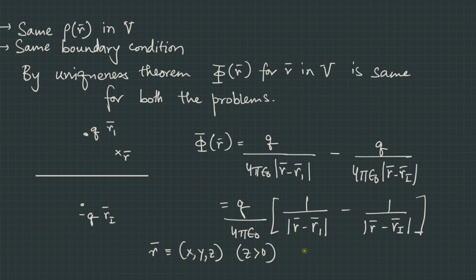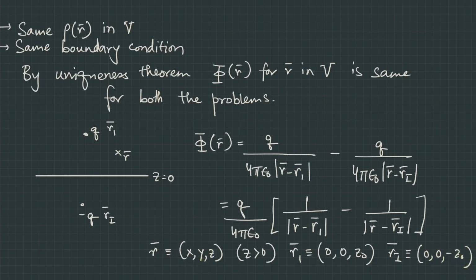This is due to the problem. R1 is the location of the point charge here, which is 0, 0, z0, and Ri is the point which is the image of the point R1 with respect to the surface z equal to 0, which is simply 0, 0, minus z0.